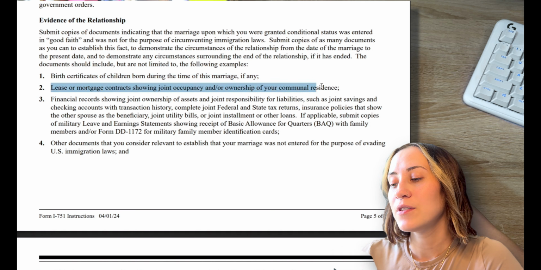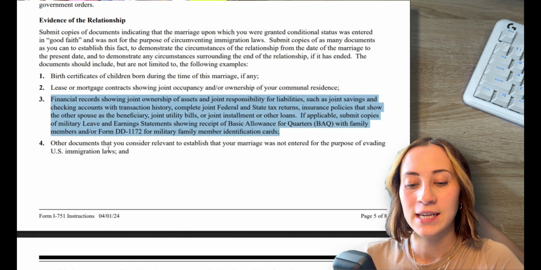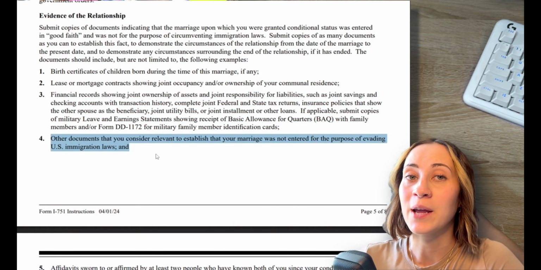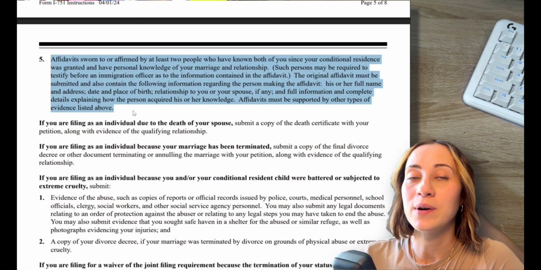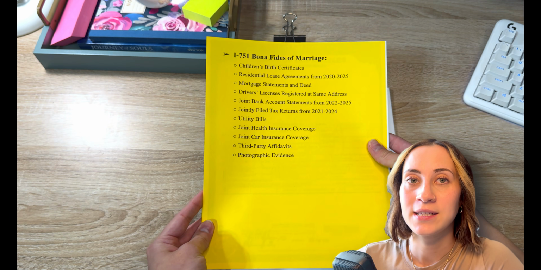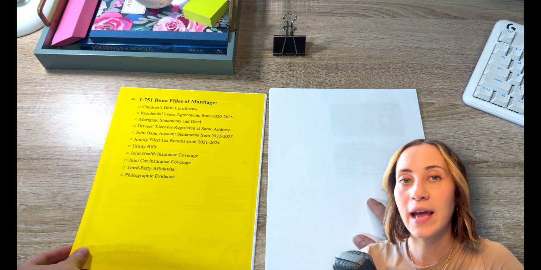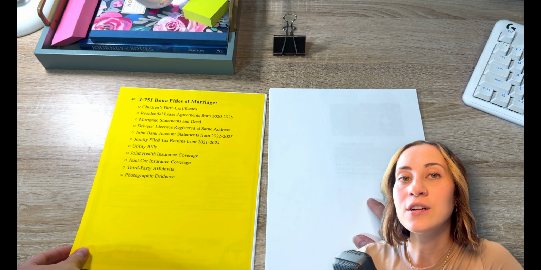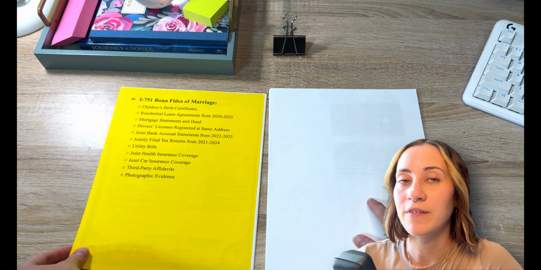So they do give you some suggestions on some evidence that you may want to provide. Now that you are already a permanent resident with a social security number, USCIS does expect that you provide them with a plethora of financial evidence and other legal documentation proving that your marriage is in fact real.